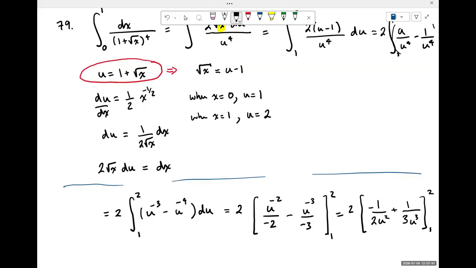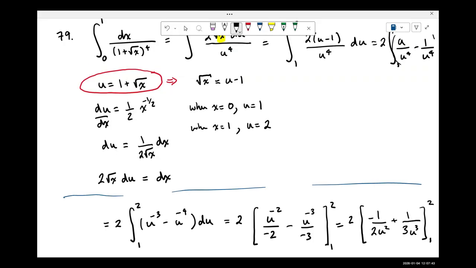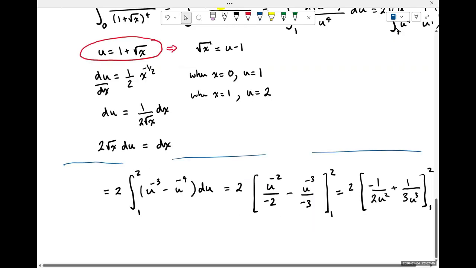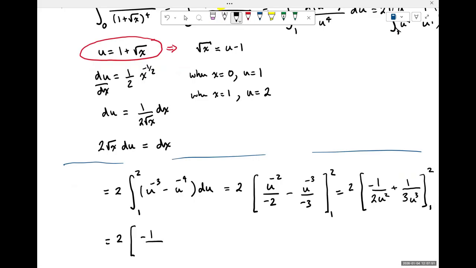So clean that up to there. Let's see what we got. Evaluate at 2. I got 1 over 2 times 4 is 8, plus 1 over 3 times 8 is 27. Subtract at 1, I'm going to get 1 over 2 plus 1 over 3.